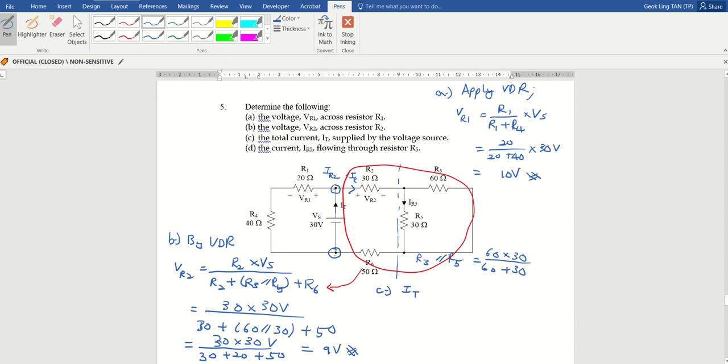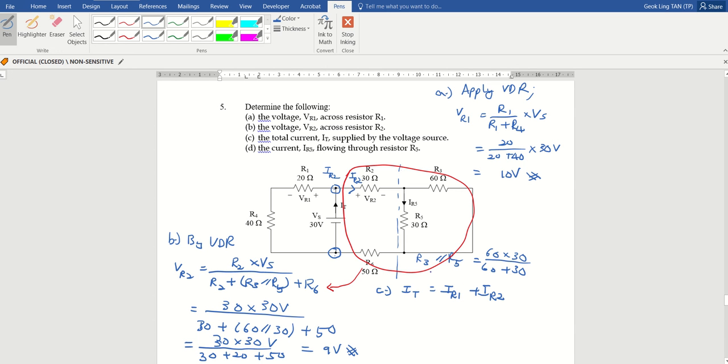So remember KCL says that the sum of current entering the node is equal to the sum of current leaving the same junction. So you have IR1 plus IR2 equal to IT.